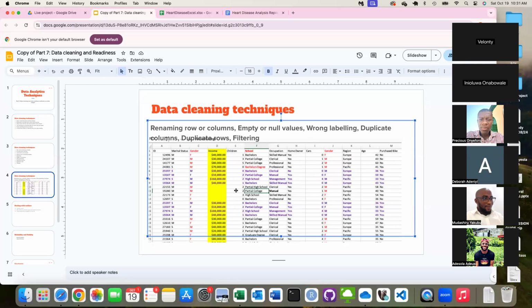How would the average number of children be 50? Maybe somebody mistakenly wanted to write two children and they inserted 200. So that is also part of data cleaning. So you could be thinking about that. It's more thinking than just rushing into the analysis.